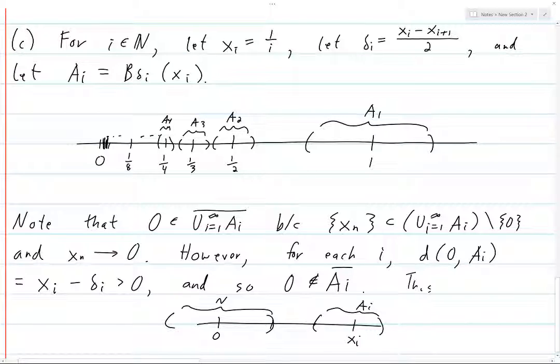Thus, in this case, 0 is certainly not in the union from i equals 1 to infinity of the closures of Ai, because in order for 0 to be in the union of the closures, it has to be contained in at least one of those sets. There needs to be some j such that 0 is contained in the closure of Aj. But that doesn't hold for any j.